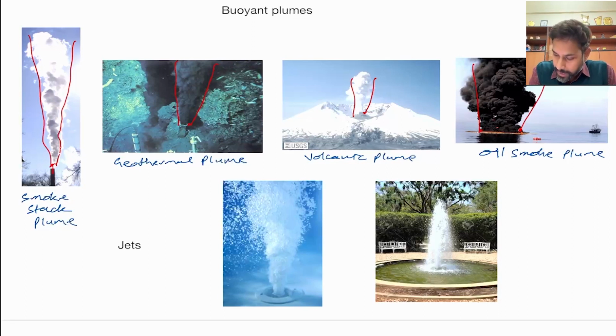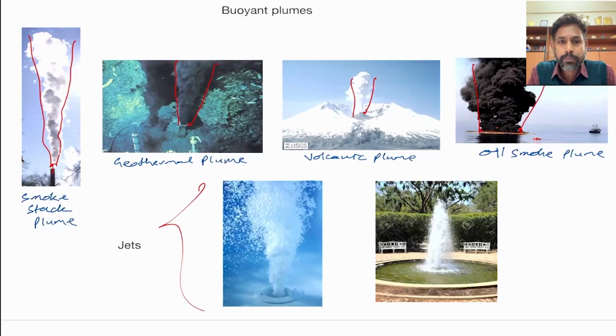Okay, so we will discuss more details about the plumes, but let's quickly see the difference between plumes and a jet. So these two images that you see here, these are jets. In this particular case they are water jets, but there can be other forms of jets as well. And what is the difference between these two?